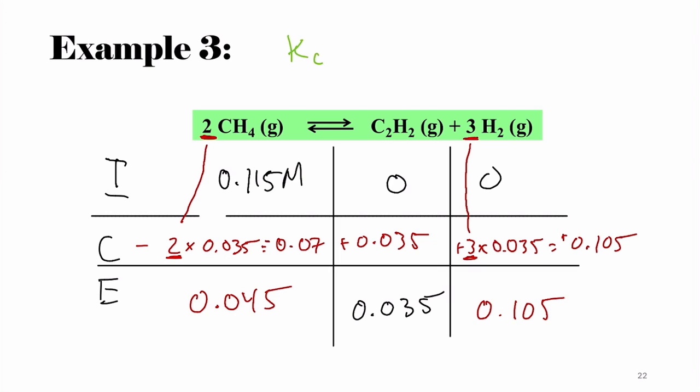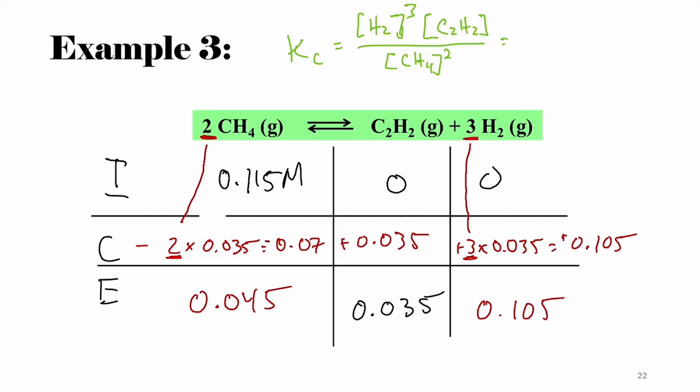So then our equilibrium constant is equal to what? H2 gas to the power 3, ethyne to the power 1, over methane to the power of 2, right? And what values do we plug into there? This row, right? We plug these into that.